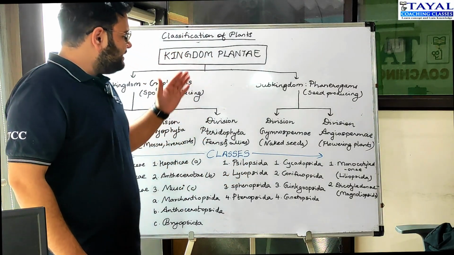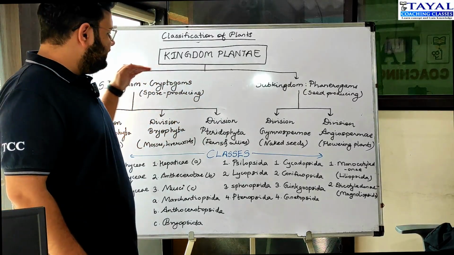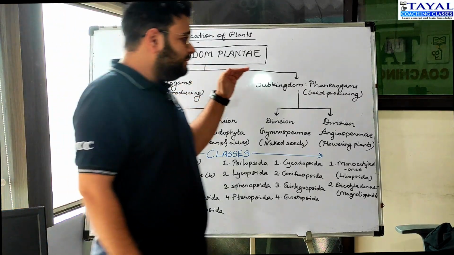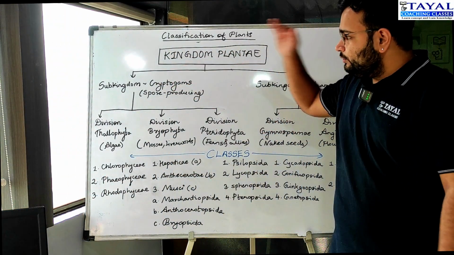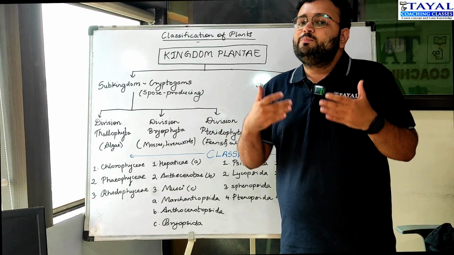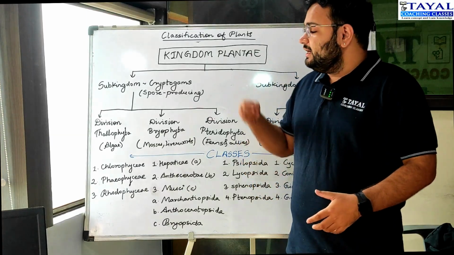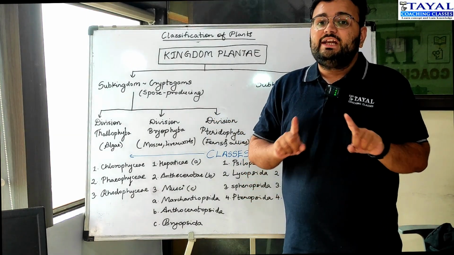Now, let's start with the classification of Kingdom Plantae. It has two subkingdoms, subkingdom Cryptogams and subkingdom Phanerogams. When we talk about the Cryptogams, they are spore producing organisms. That means their reproduction or propagation occurs via spores and not seeds.